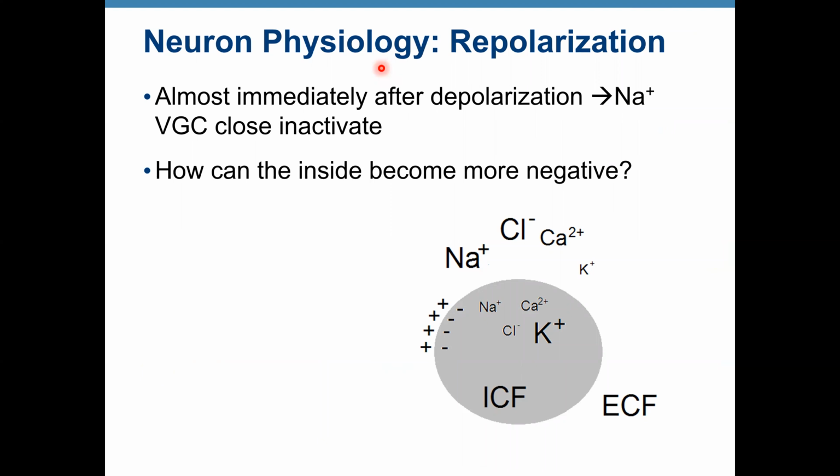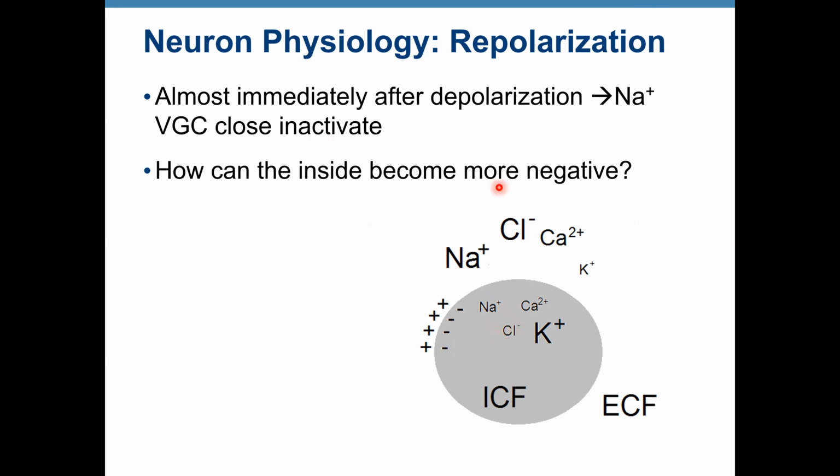So after depolarization, we need repolarization. Almost immediately after depolarization, sodium VGCs become inactive. So what happened over here? Remember, we opened the VGCs for sodium, sodium moved in, and the cell became positive inside. Now, how do we return it back to negative?